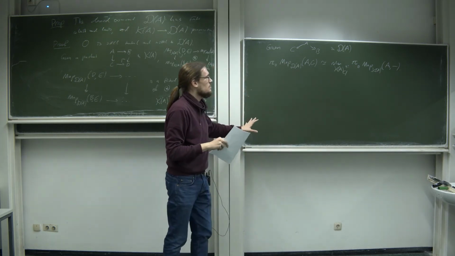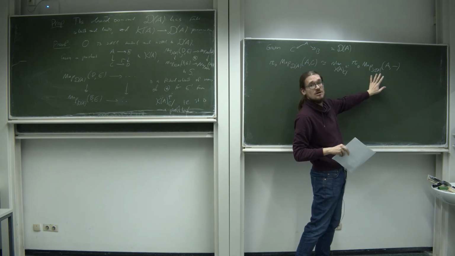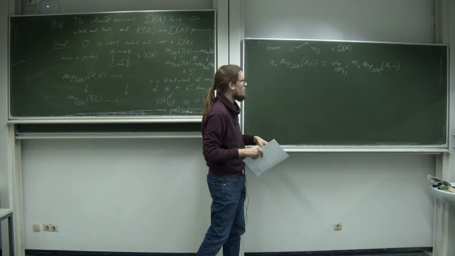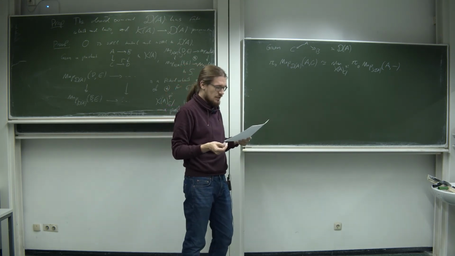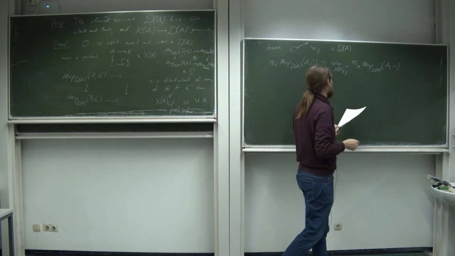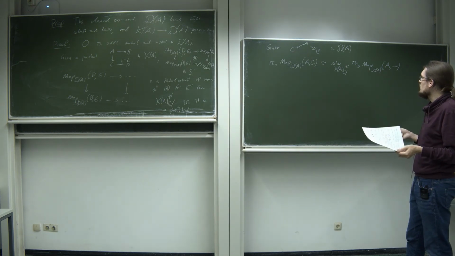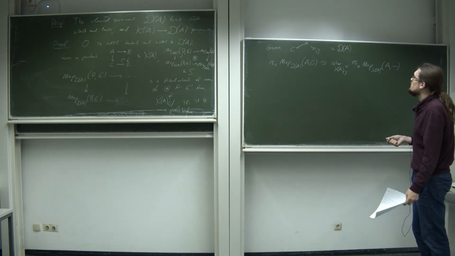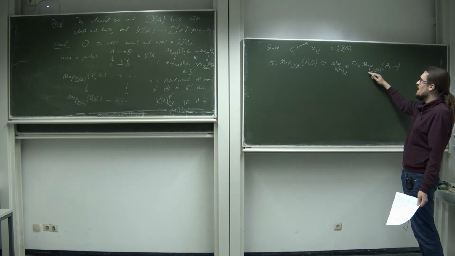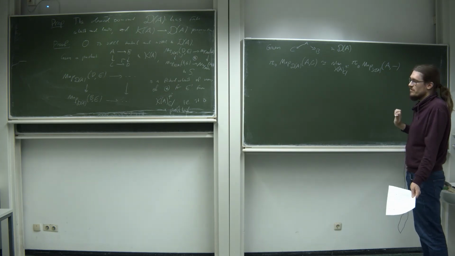Right? And remember, this is just a set, right? So this is now a filtered colimit of sets, no fancy spaces or anything. And in sets, colimits are generally just computed by, well, elements of the colimit are represented by elements in any stage in your colimit, and there's some equivalence relation on those.